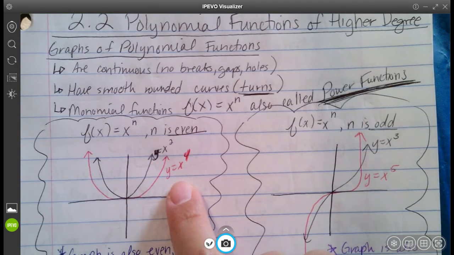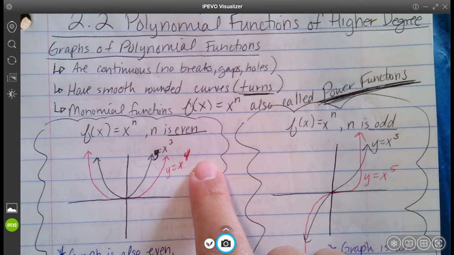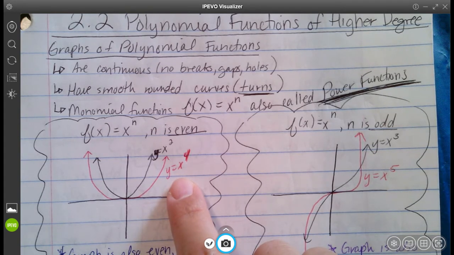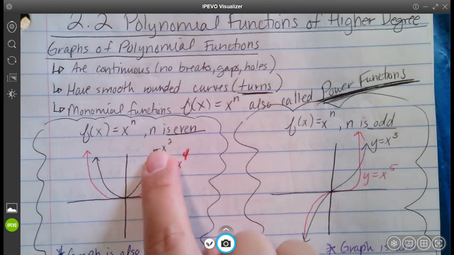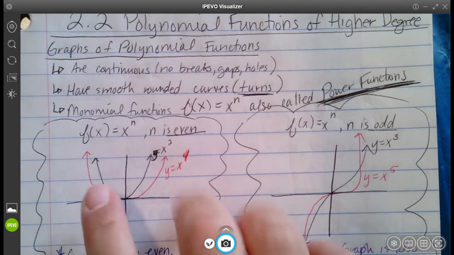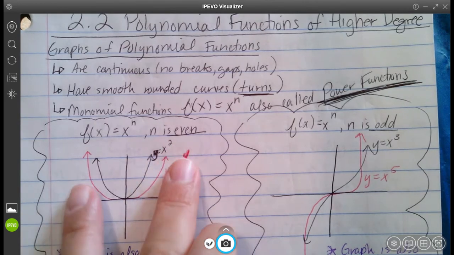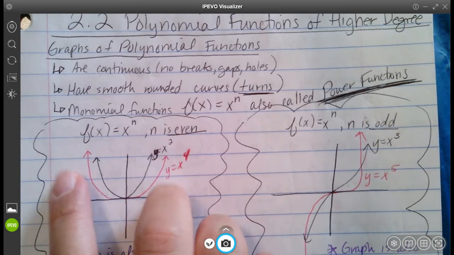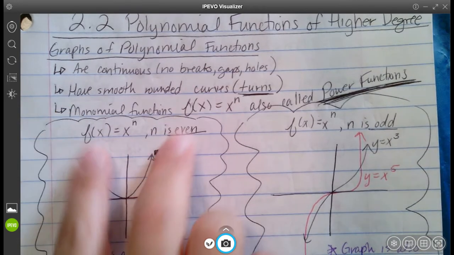So here you have a little sketch of y equals x to the fourth. Please note these are not drawn to scale. This actually intersects the same graph at (1, 1). I just drew a quick sketch, but the idea is that both of the arrows, so both of the y values, are going to be going up on both sides.